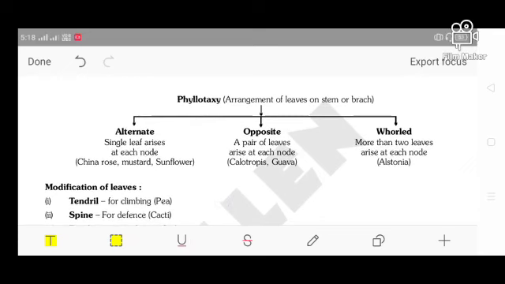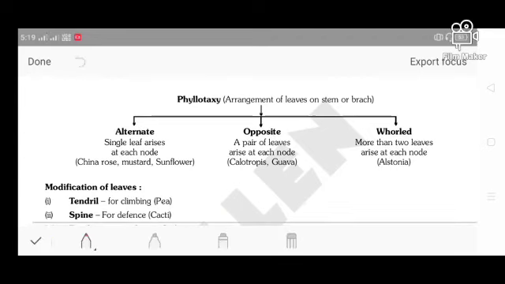But in the case of opposite, a pair of leaves arises at each node. Suppose this is the tree. Opposite means leaves are here and here. Sorry, I was saying something wrong. In the alternate case, the diagram is like this; this is the alternate manner.